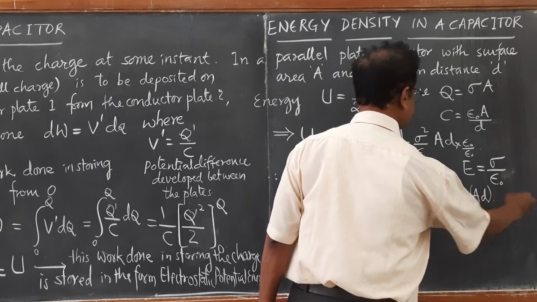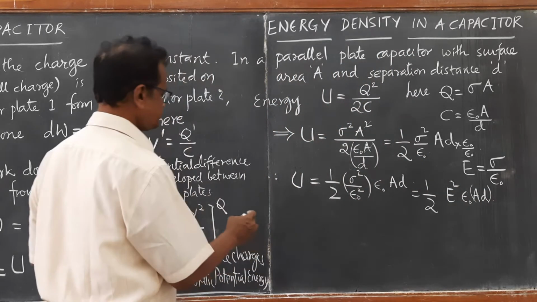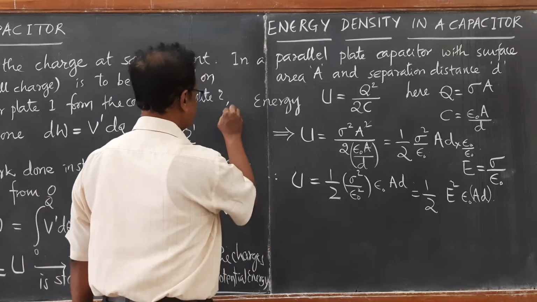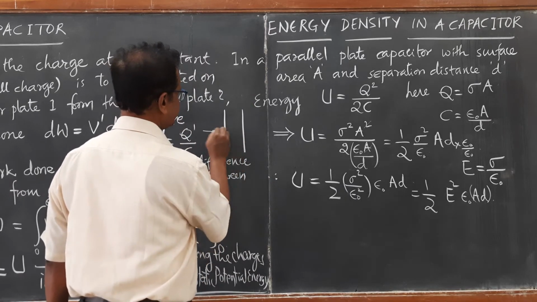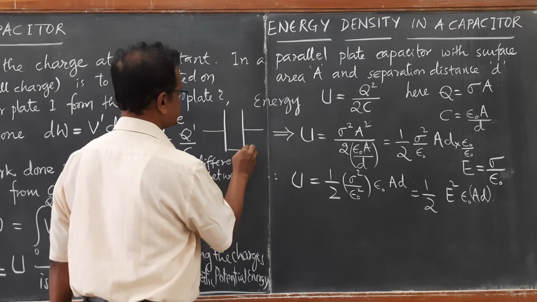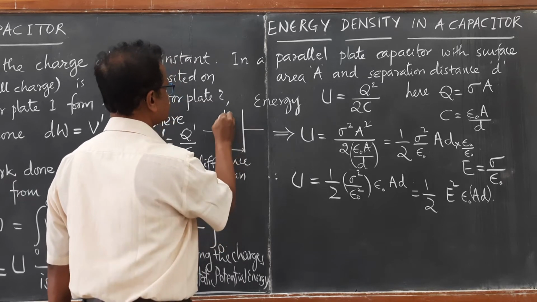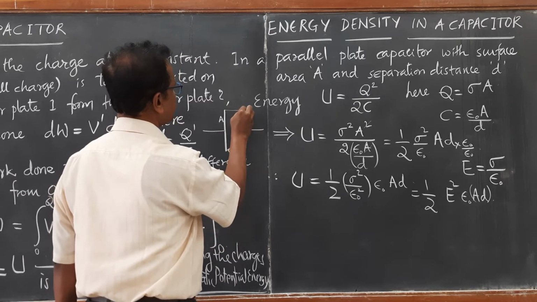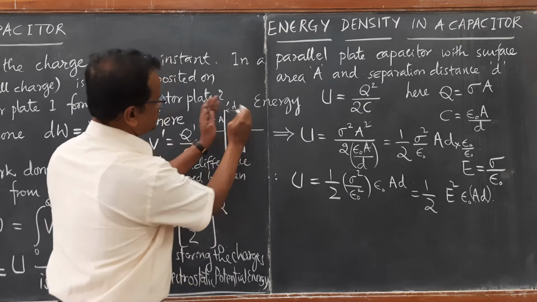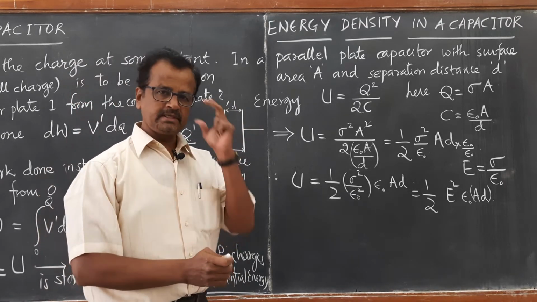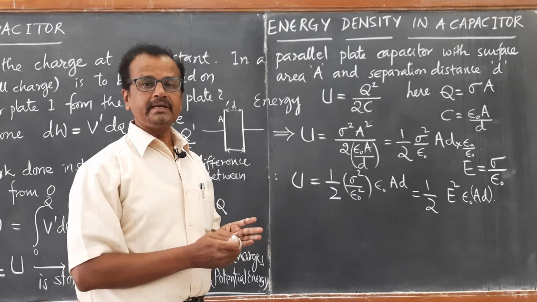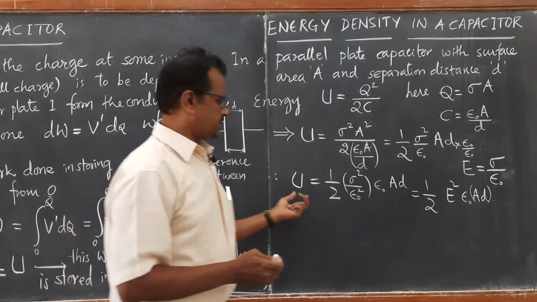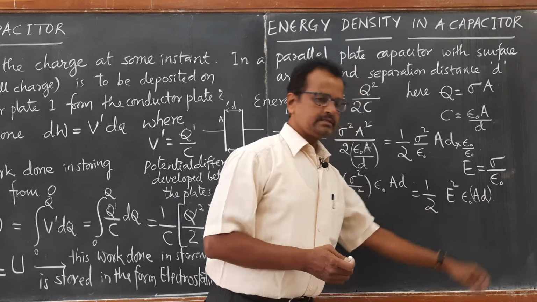What is AD? A is the surface area and D is the distance of separation. If you multiply A with D, are we not going to get the volume of the space between the parallel plates of the capacitor? So, that gives you A into D as the volume.